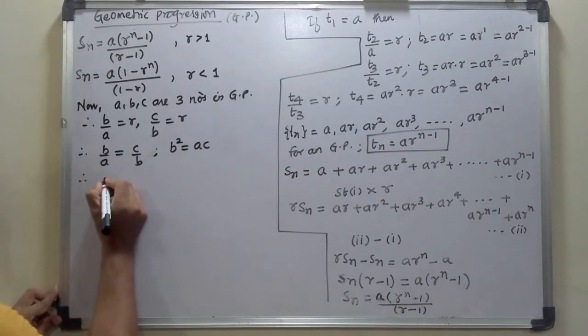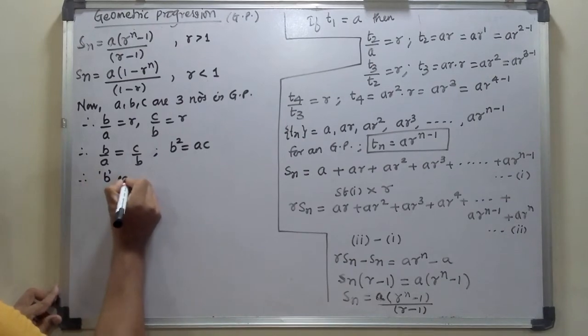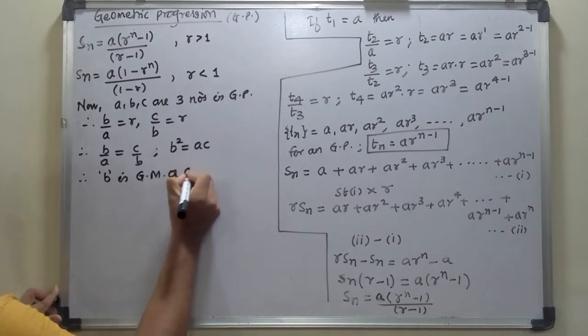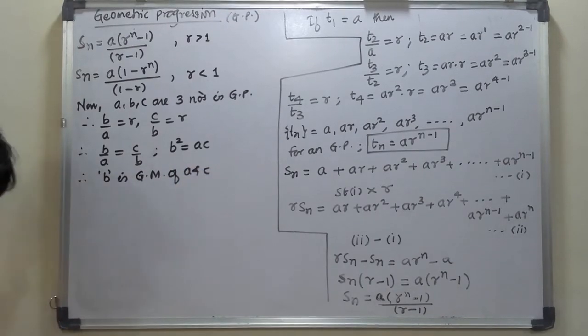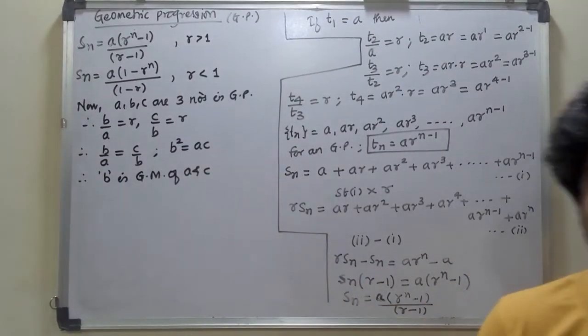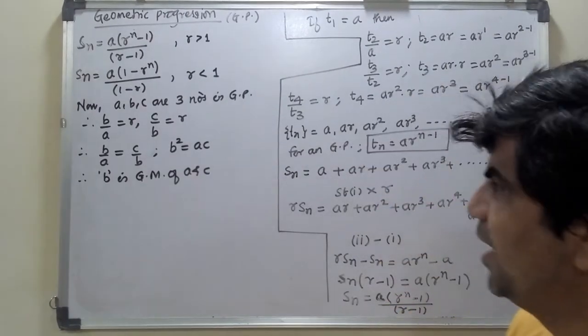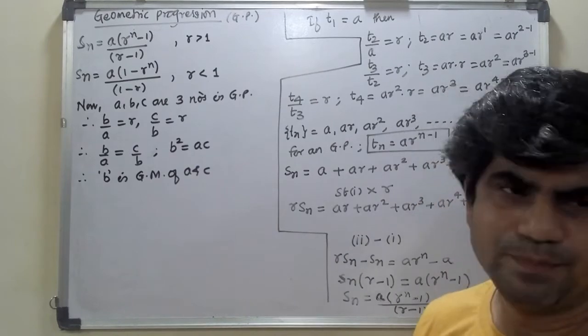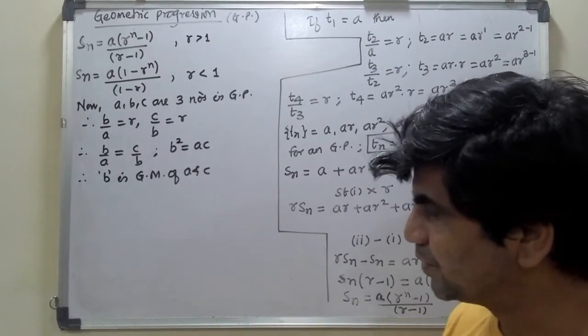And we say therefore B is the geometric mean of A and C. You have studied this in standard 9th, and probably used it in 10th also.